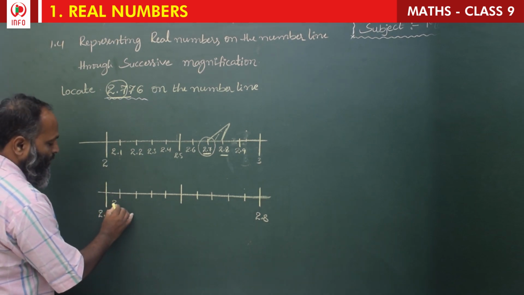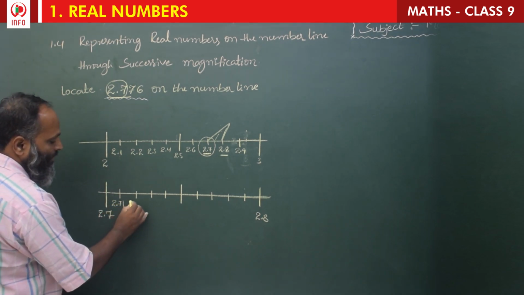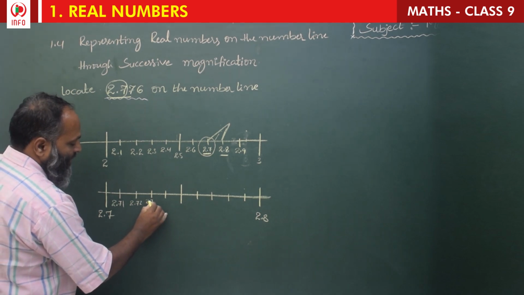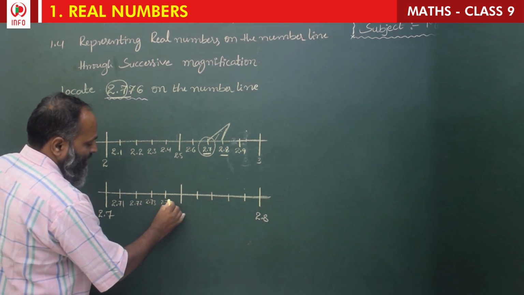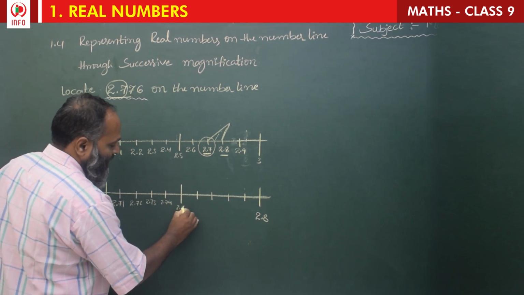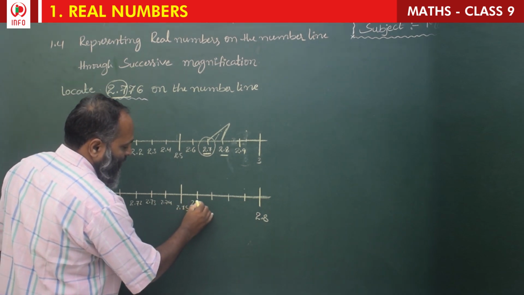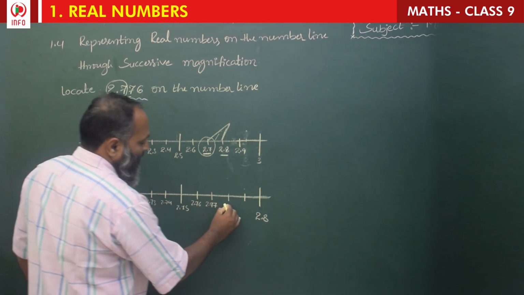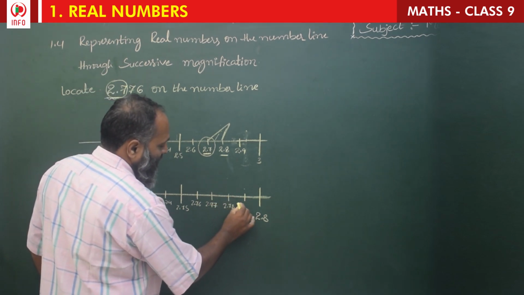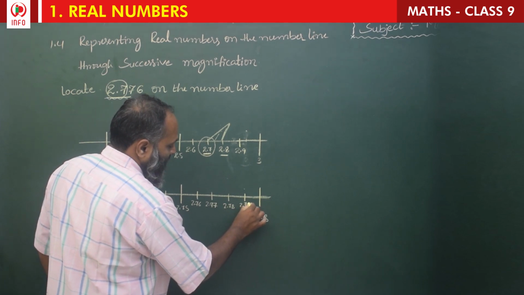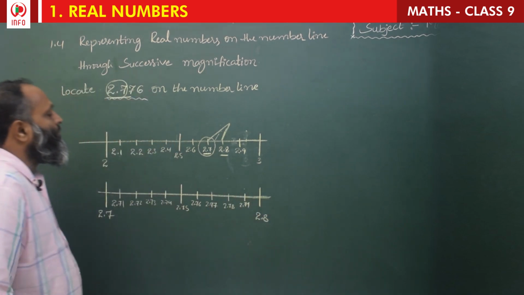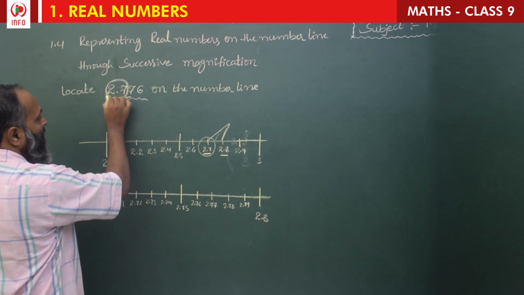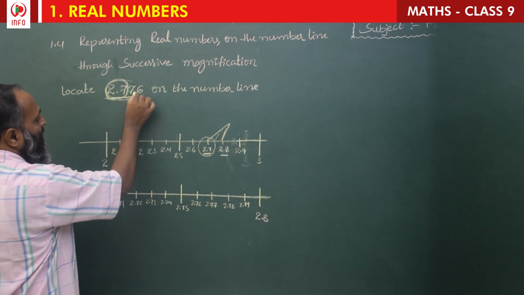Here 2.71 will come here, then 2.72, 2.73, 2.74, 2.75, 2.76, 2.77, 2.78, 2.79, 2.8.